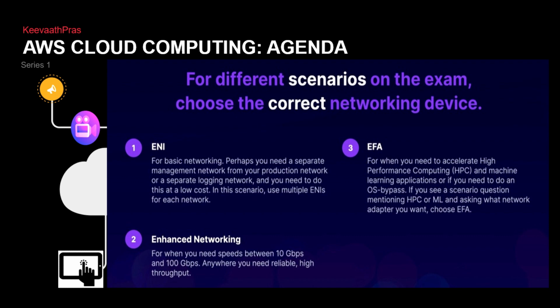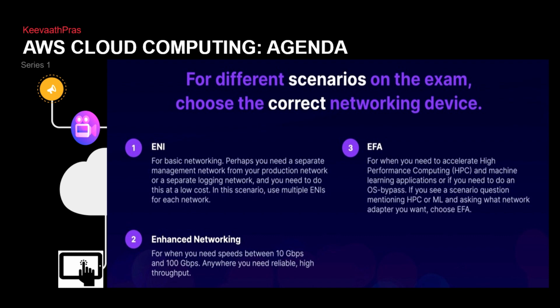The ENI is for the basic networking. Enhanced networking is from 10 Gbps to 100 Gbps, and Elastic Fabric Adapter is for high performance, and that is done by bypassing the OS, the OS bypass. So in a scenario where they ask for high performance and machine learning, by default it is EFA. Basic is ENI. 10 to 100 Gbps is ENA.